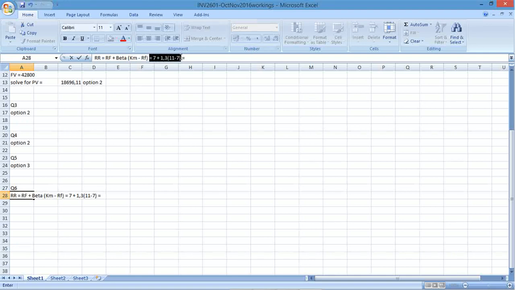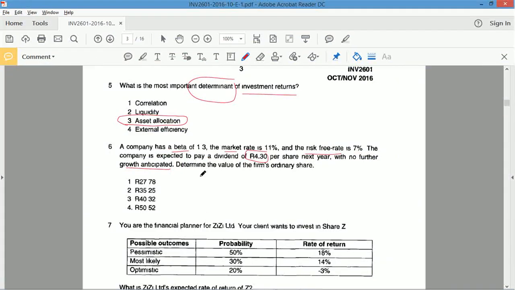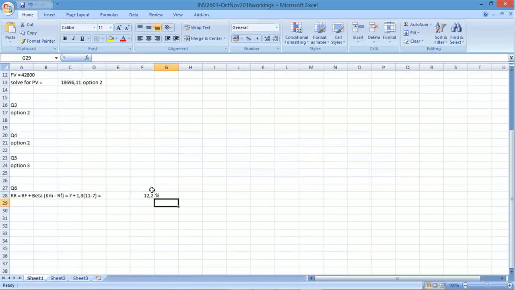So we're looking at a ratio of how much? Let's see what we get. 12.2%. The company is expected to pay a dividend, and there's no further growth anticipated. So we've got the Gordon growth model without the growth. PV equals div1 over R minus G. There is no G, it's 0.